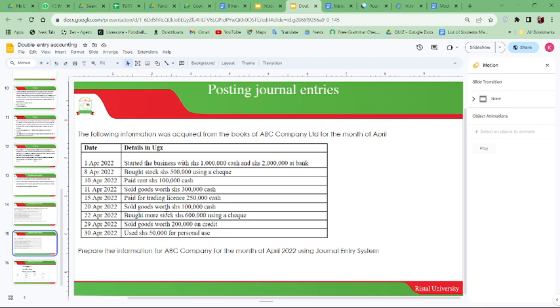Because they have not specified the name of the goods, we have to use stock. A check is the same as bank. So the bank is losing, decreasing, and the stock is increasing.